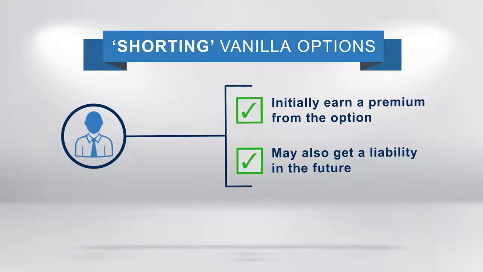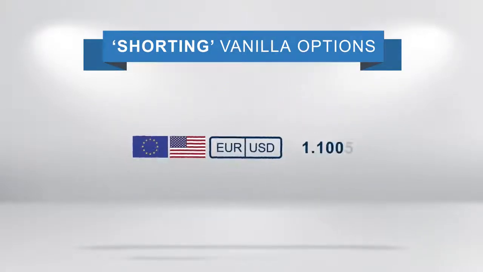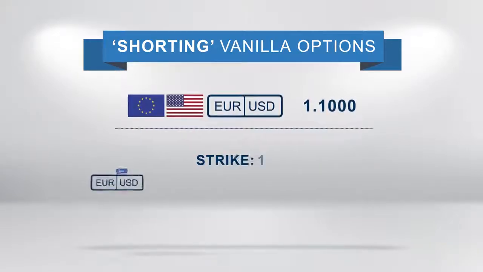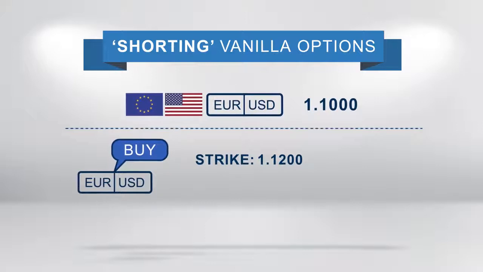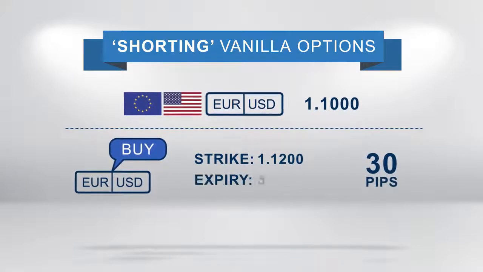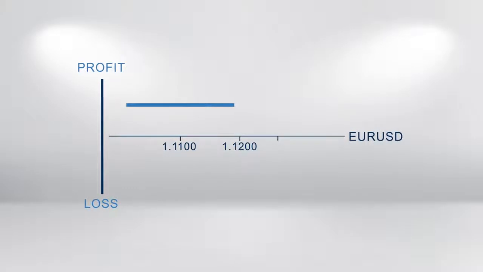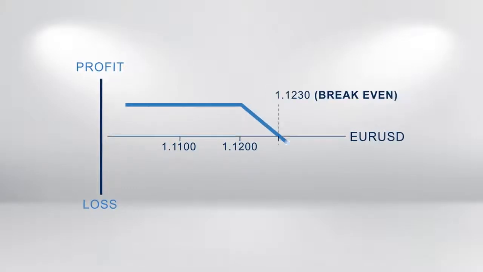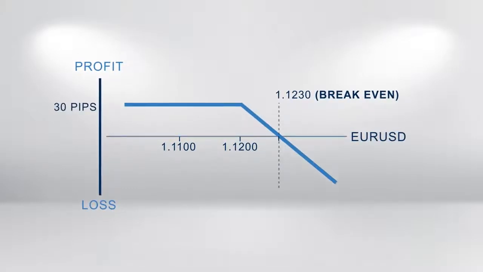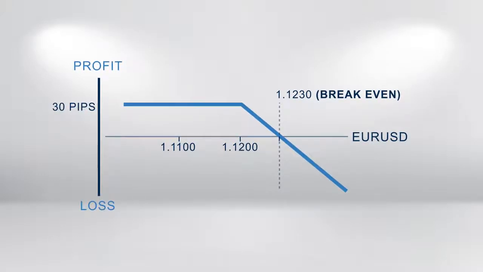Let's look at an example. Euro-dollar is trading at 1.1000 and we sell a 1.1200 call option at 30 pips expiring in a week. Initially, we earn the 30 pips, and if euro-dollar trades below 1.1200 when the option expires, then we can keep the 30 pips and the option expires worthless.